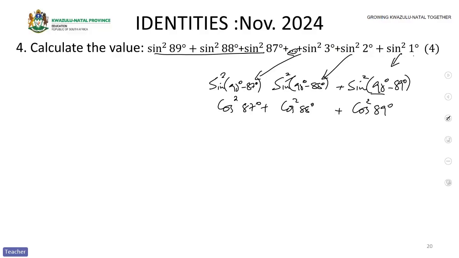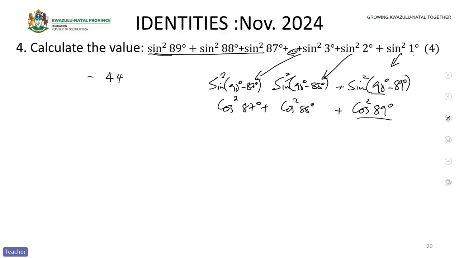So it means that if I take my last term and the first term and add them, then I can get what? 1. So since there are 89 terms, what does it mean? I have got 44 pairs that I can add to get 1. So that will be 44 ones that I will be adding.